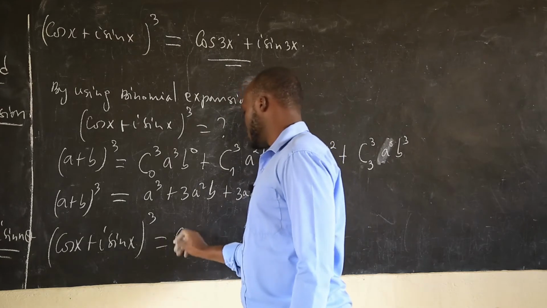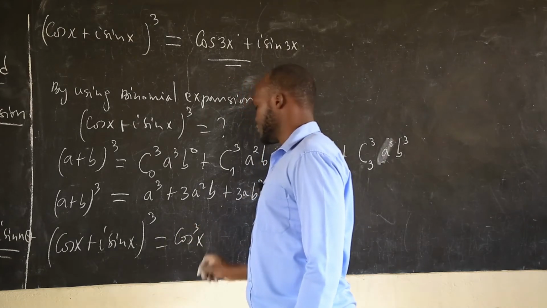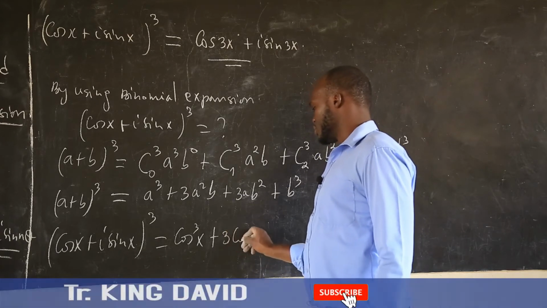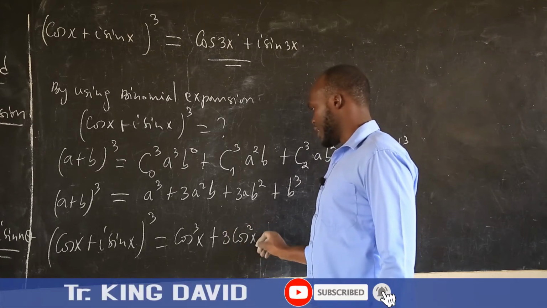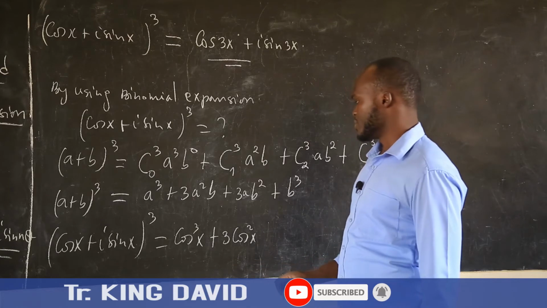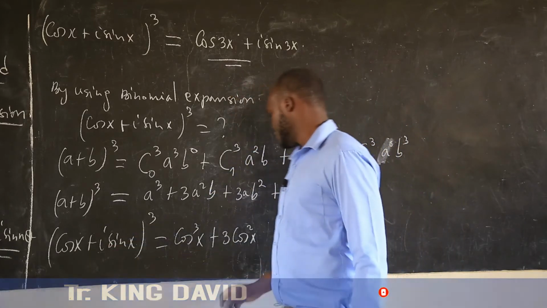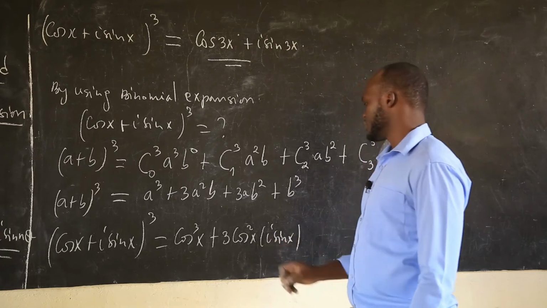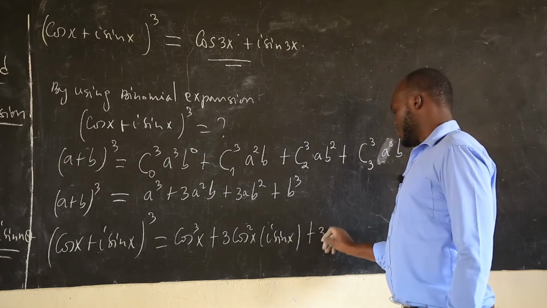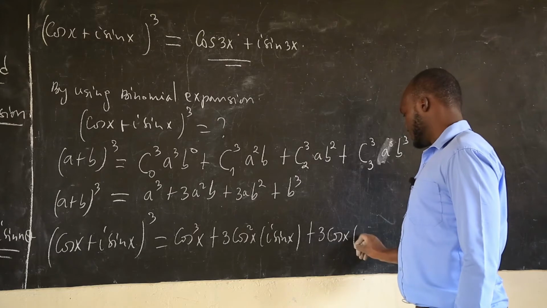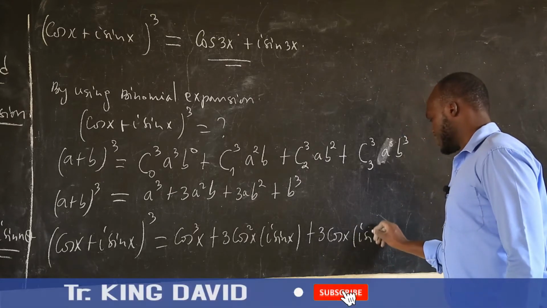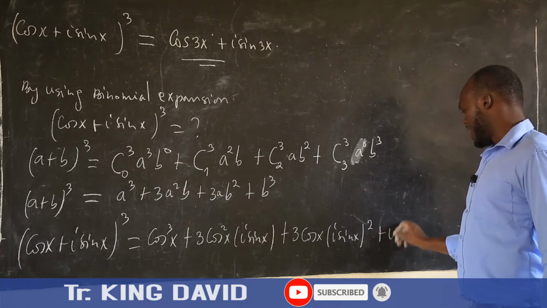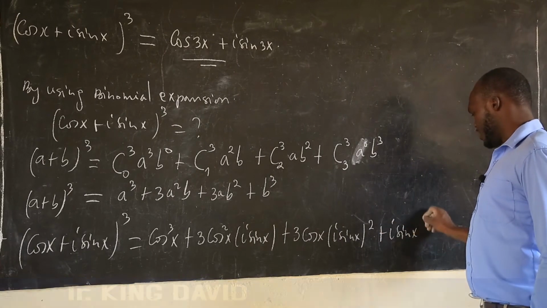So this is cos power 3 x plus 3 cos squared x times I sin x, plus 3 cos x times I sin x squared, plus I sin x power 3.